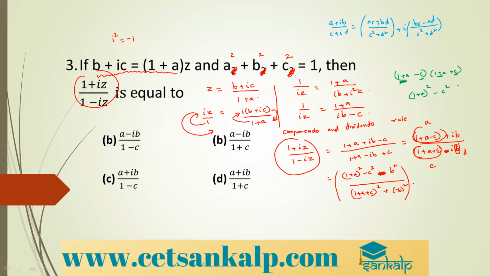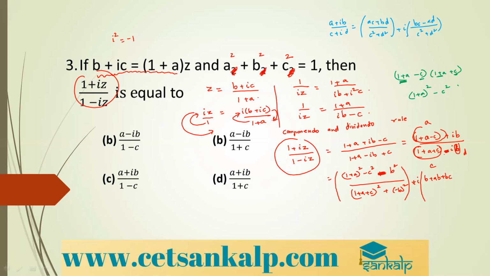This is the real part. In the imaginary part, what you will have? bc. bc means b you have to multiply. b plus ab plus bc minus ad.